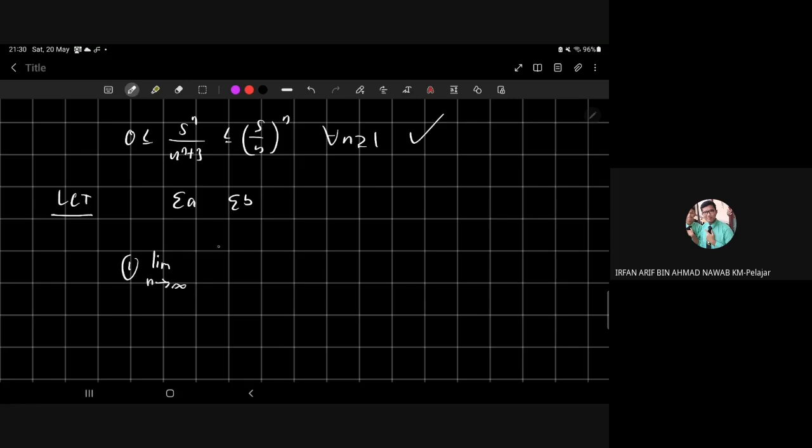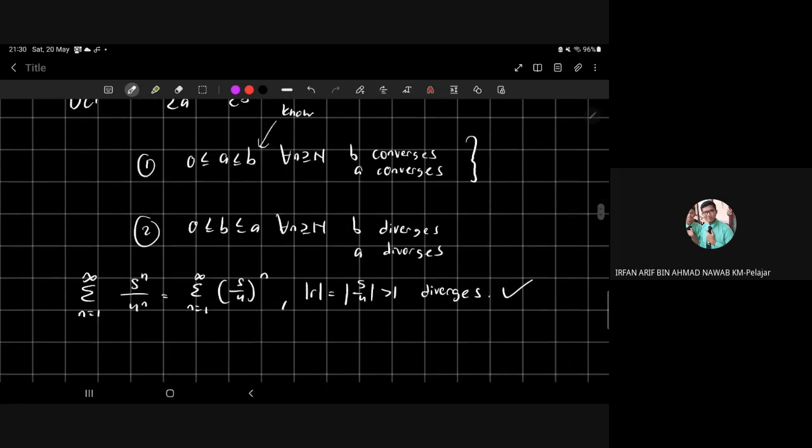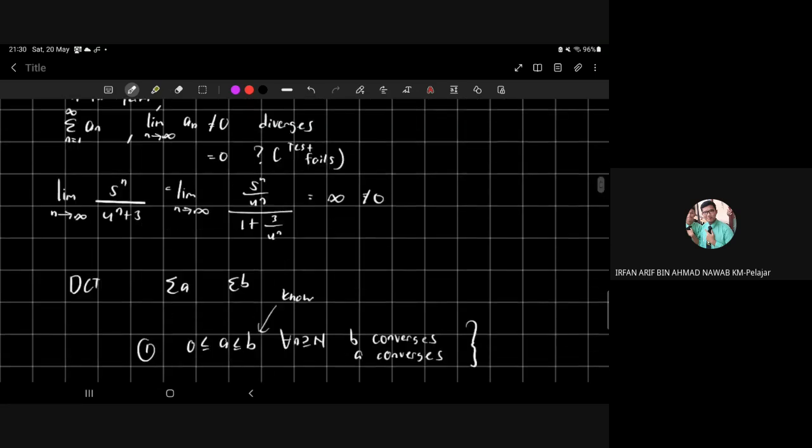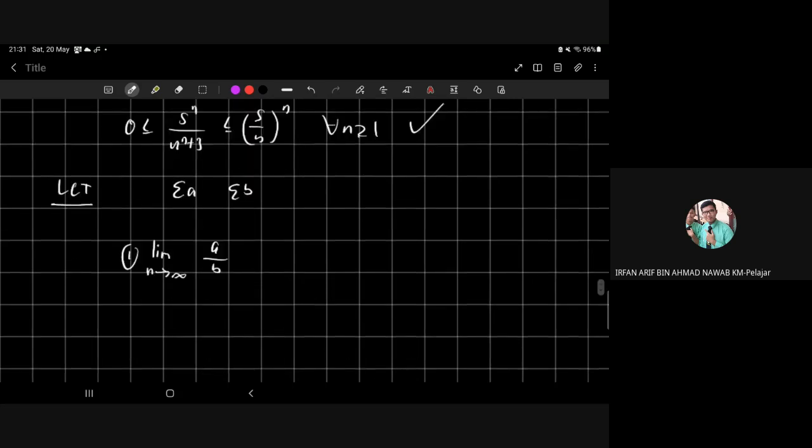The first one will be A over B. B will always be our known series and A will be the test series. I will not be changing the variables so that it will not be too confusing in the long run. So just to remind ourselves, B is our known series and A is our test series. So here we have A over B, where A is our test series and B is our known series.